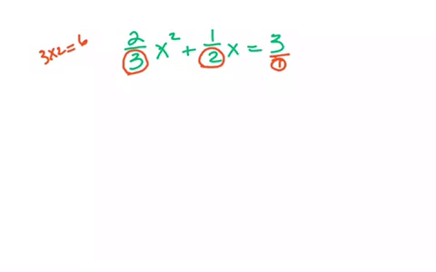Now watch what I do. 3 goes into 6 how many times? 2. What is 2 times 2? That's 4. So instead of calling it 2/3 x squared, I'm going to call it 4x squared. You're thinking, how can you do that? Well, the reason I can do that is because I'm going to change all these numbers.